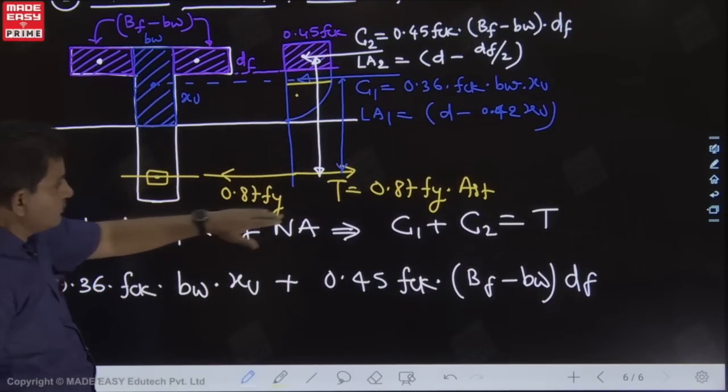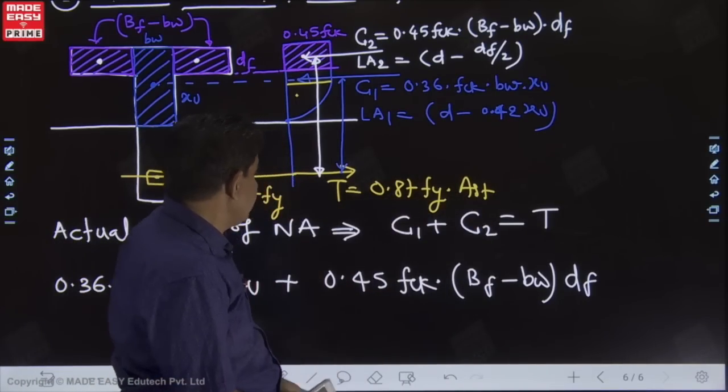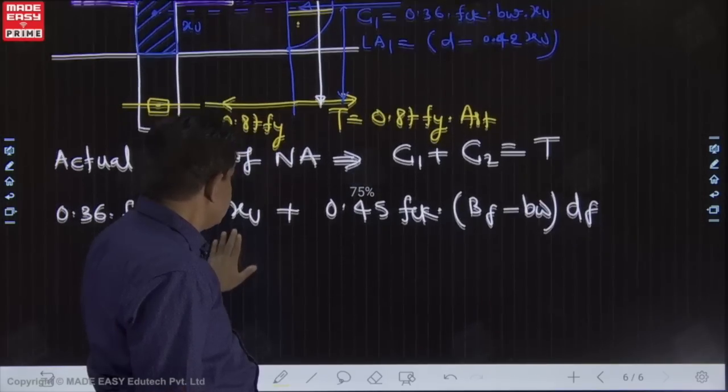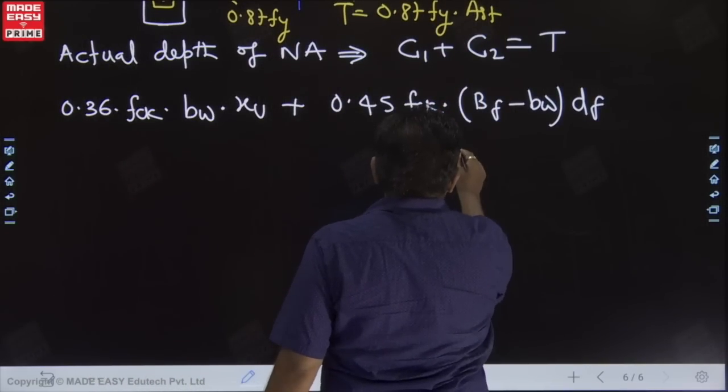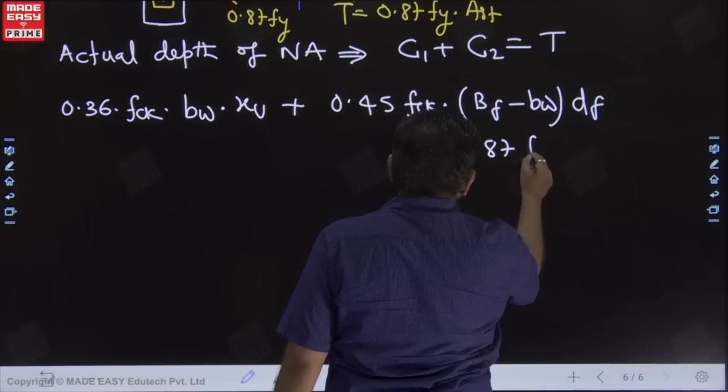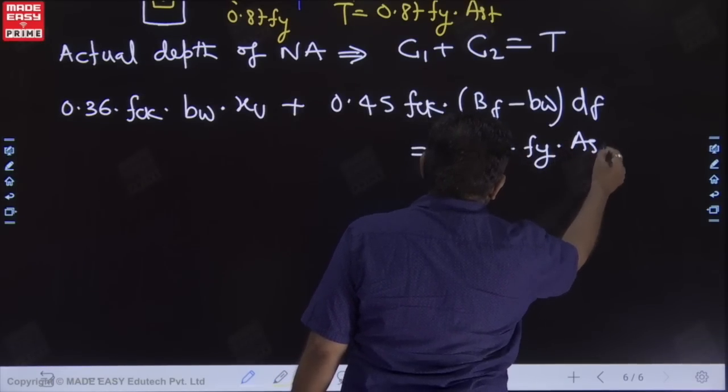And that will be equal to what? On the tension side, 0.87 fy into Ast. Let's write here itself. So this is equal to this value, 0.87 into fy into Ast.